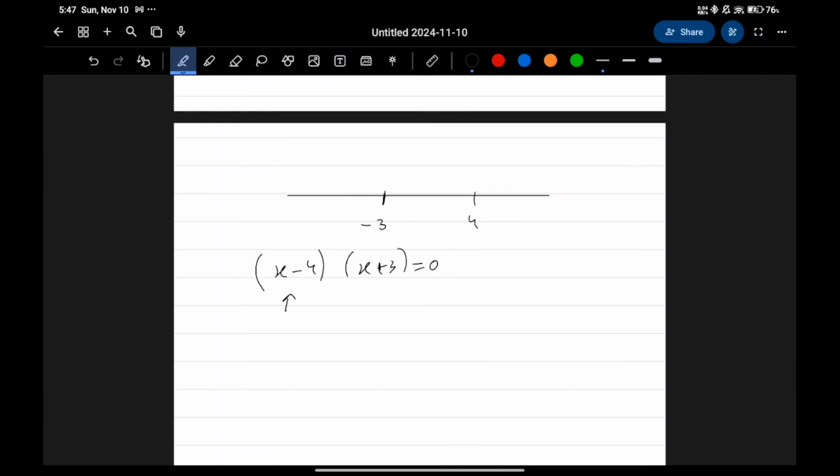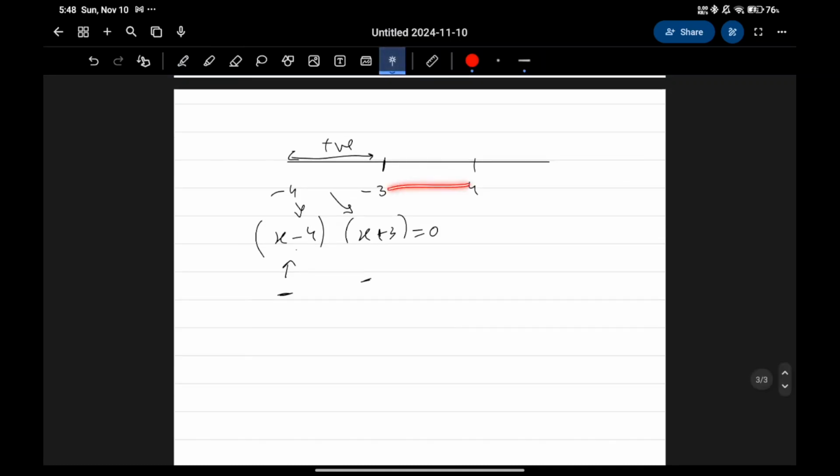I'm not interested in what the magnitude would be, but I want to know what the sign of this factor here would become if I plug in negative 4. So if I plug in negative 4 over here, this will become negative, and this over here will also become negative. Negative times negative is positive. So this region over here becomes positive.